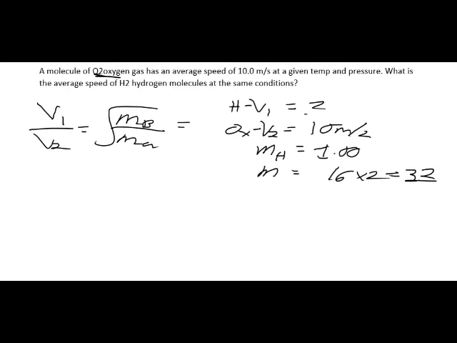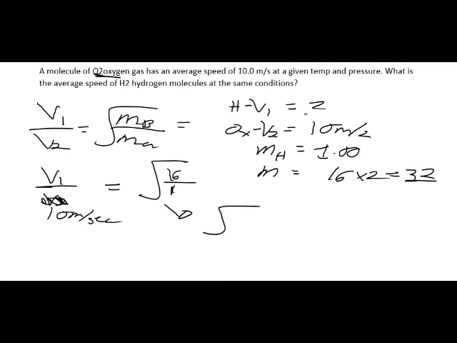Now, we solve everything. So V1 over V2, V2 is 10 meters per second, is equal to the square root of 16 over 1, which would be 4 because of the square root.